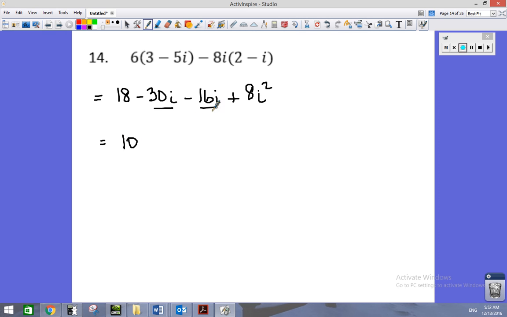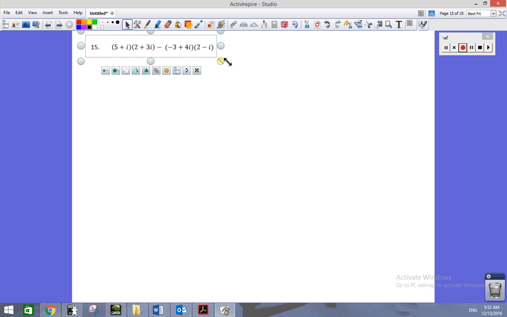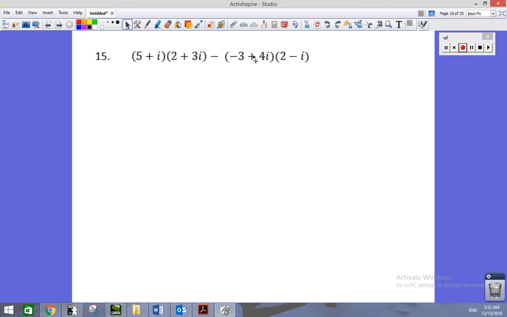And then if I combine these like terms, minus 46i. I don't see any common factors. I don't see any conjugates. I don't see any way to make this multiplication a little bit easier.